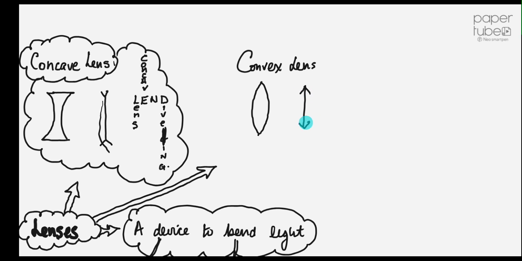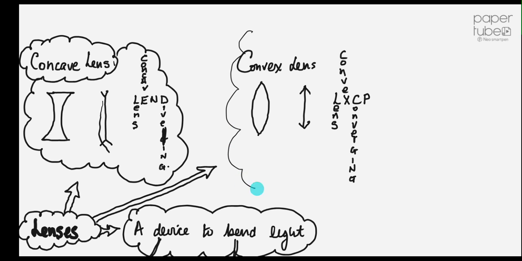That's your convex lens. And the mnemonic for that is LXCP. So a lens that is convex is converging. That's got a focal length that's positive. Now that'll do you for A level, but that's all we need to know.